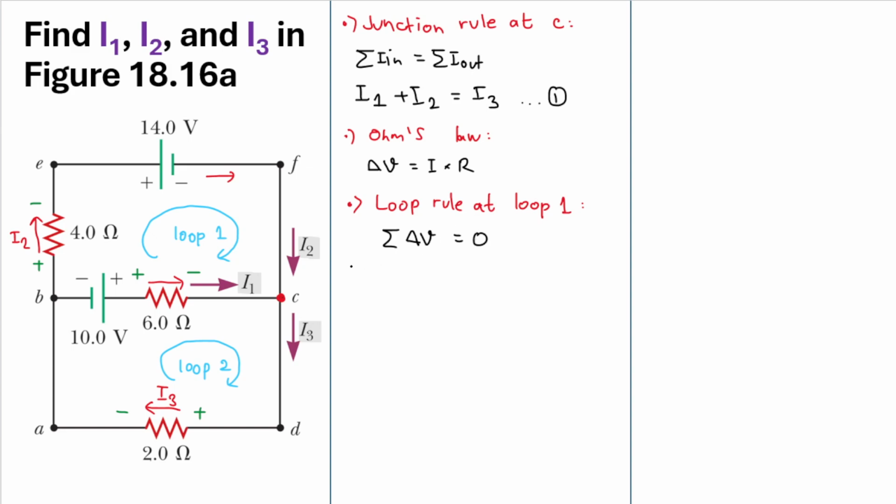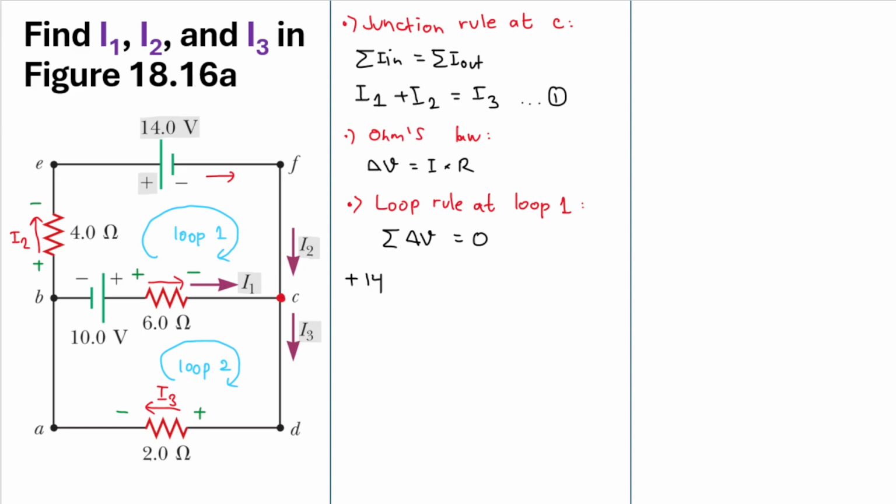Now let's see loop 1 first. Let's start from this battery here, the 14 volt battery. The loop will enter from the positive side, so I will have plus. So we have the positive sign here, and it is already a voltage, right? That will be 14 volt. So I will have plus 14.